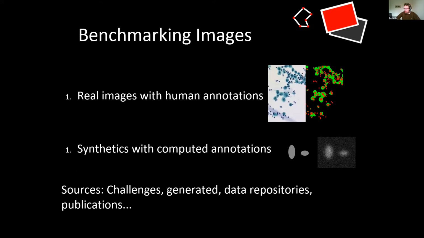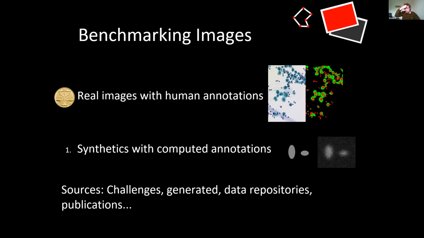For the benchmarking, usually you have 2 types. You have real images where the annotation has been done by a human, or you have synthetic images, and then often the annotations are computed.